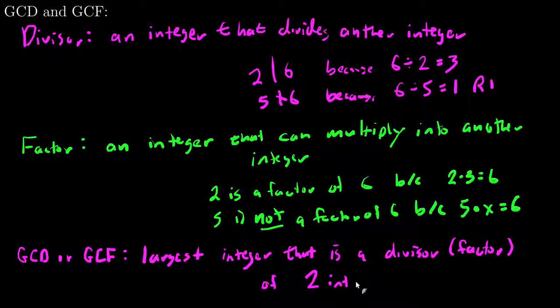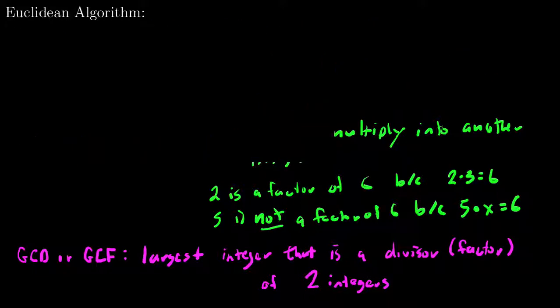I could consider more than 2, but we'll look at 2 integers. Alright, so that's what we're going after. We're trying to find the largest thing that divides or multiplies into 2 numbers.